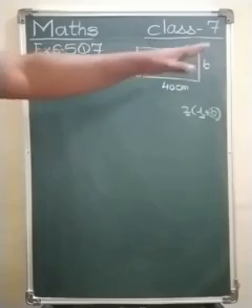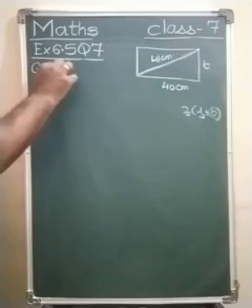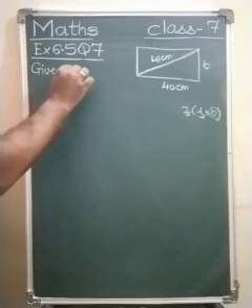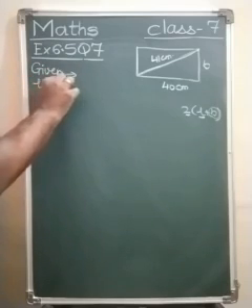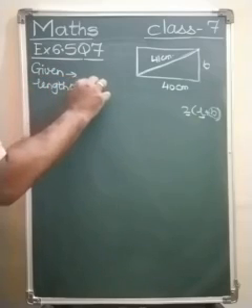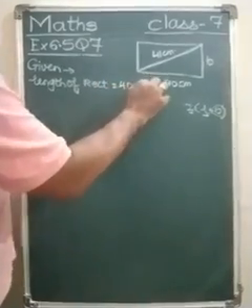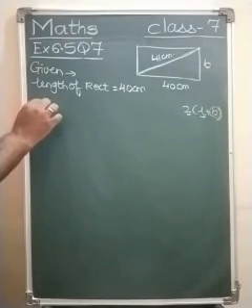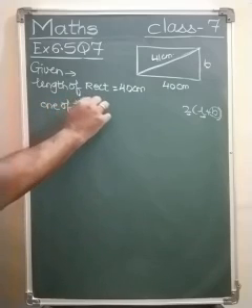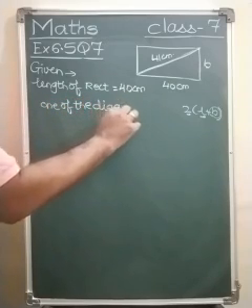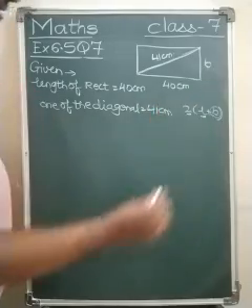Given: length of rectangle equals 40 centimeters, one of the diagonals equals 41 centimeters.